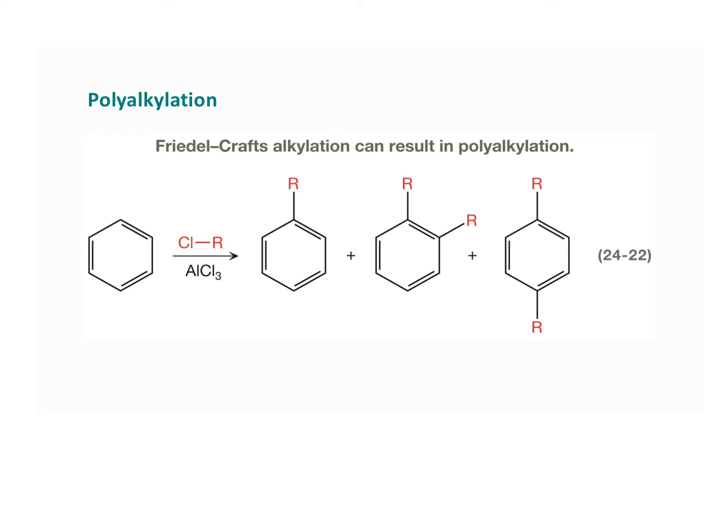And so this can result in a mixture of products. And so Friedel-Crafts alkylations can also result in polyalkylation. So there are some pretty significant drawbacks to using the Friedel-Crafts alkylation in a synthesis.